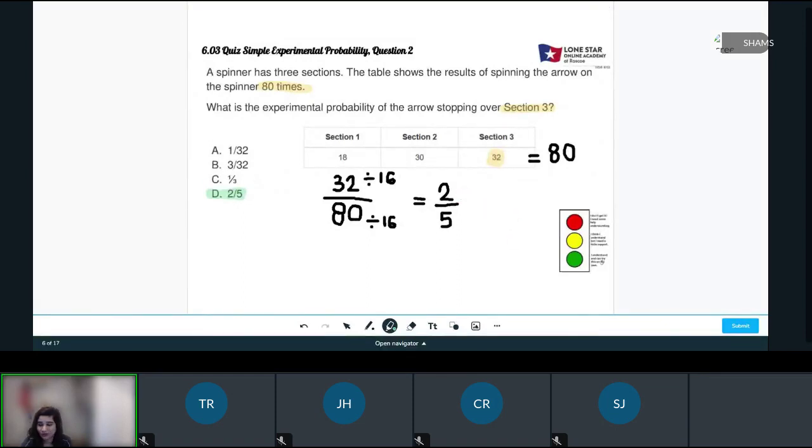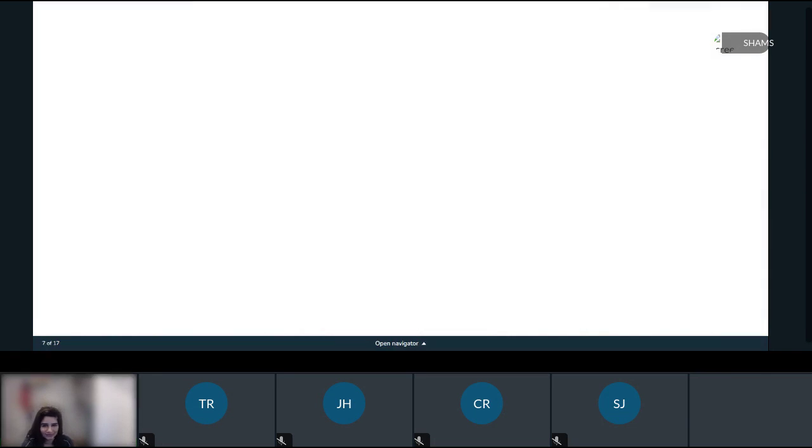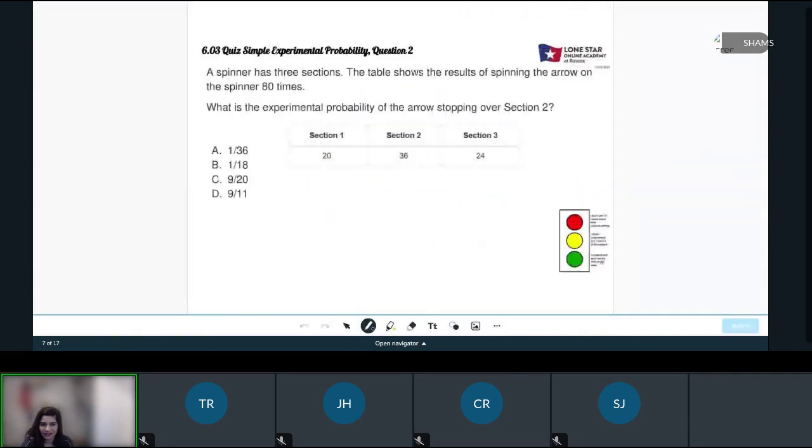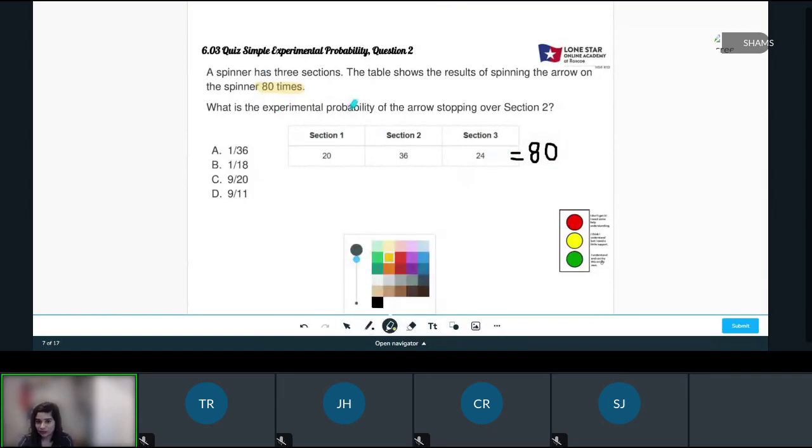Let's look at the second, and all the question 2s look very much like this. The spinner has 3 sections, and the table shows the results of spinning the arrow on the spinner 80 times. So you know the total number of spins will be 80. The question is asking, what is the experimental probability of the arrow stopping over section 2?